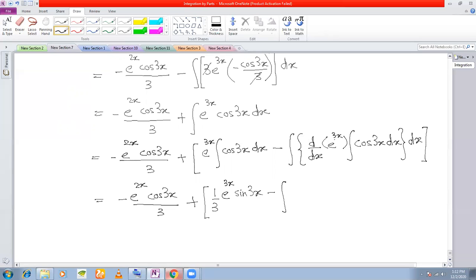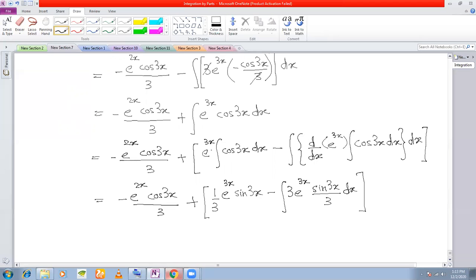See, e to the power of 3x is here, right? What is the derivative of e to the power of 3x? It is 3 e to the power of 3x, and integral of cos 3x is what? Sine 3x by 3 dx.